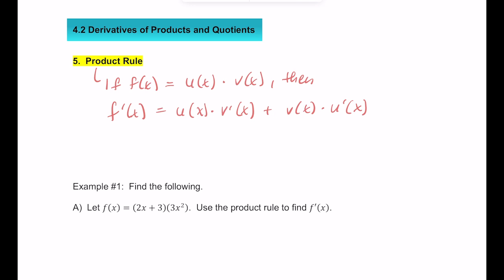So basically, it's just the first function times the derivative of the second function, plus the second function times the derivative of the first.